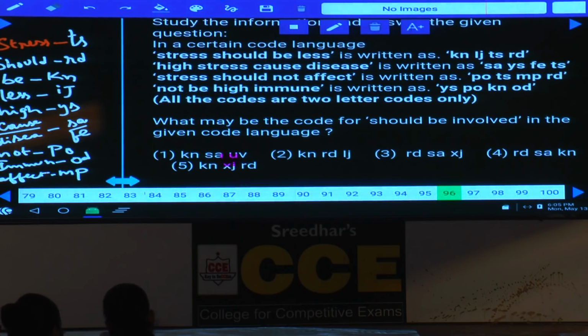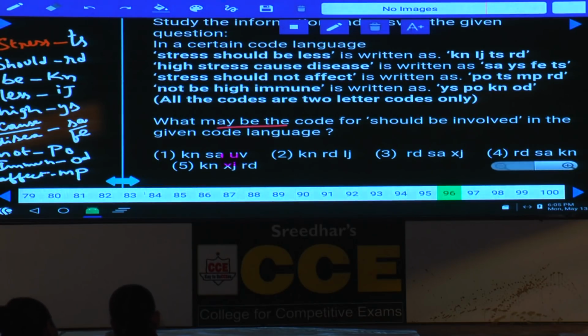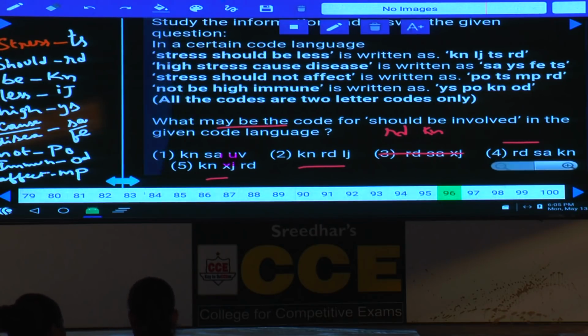Then question number 96. What may be the possible code for should be involved? Should is RD and be is KN. Involved is nowhere given in the words, and the code to this word involved should be any code other than the given RD, KN. Choice 2, choice 4 or choice 5 remain out of these, because 1 and 3 were ruled out.